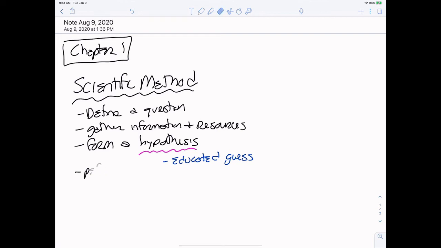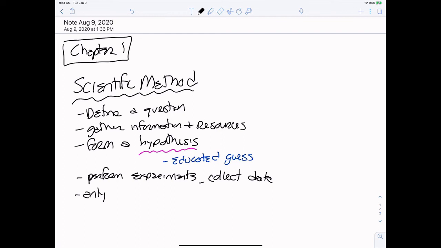I'll try to make that legible for you. Collect data. Analyze the data. Interpret data. And eventually, hopefully, draw some conclusions.